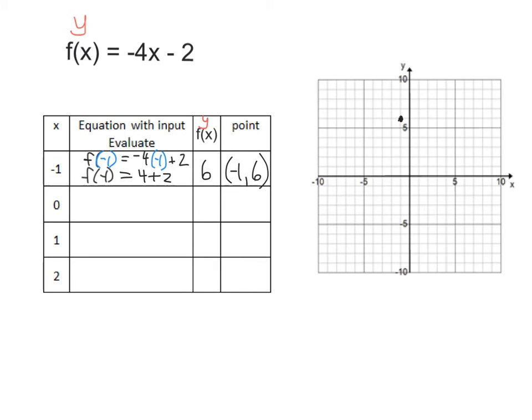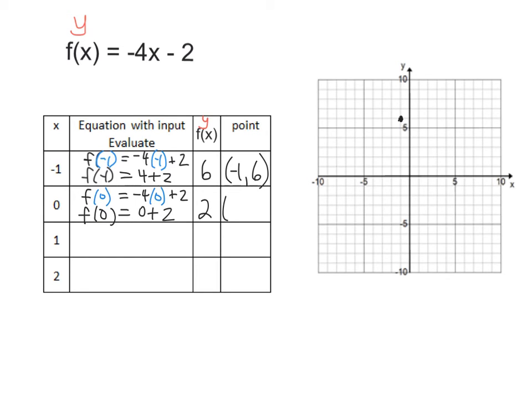All right, let's try another one. So f of 0 equals -4 times 0 plus 2. And 0 is such a nice number to work with, right? Because -4 times 0, well, that is 0. Anything times 0 is 0. So 0 plus 2 is 2.